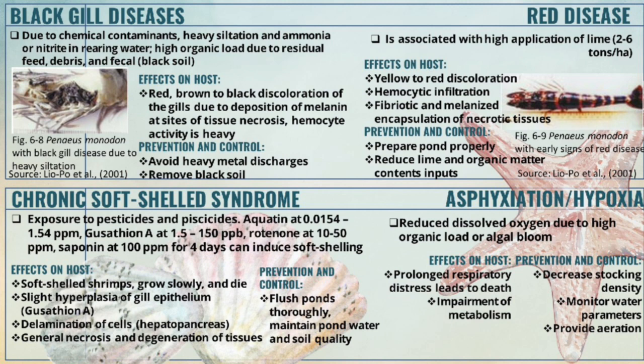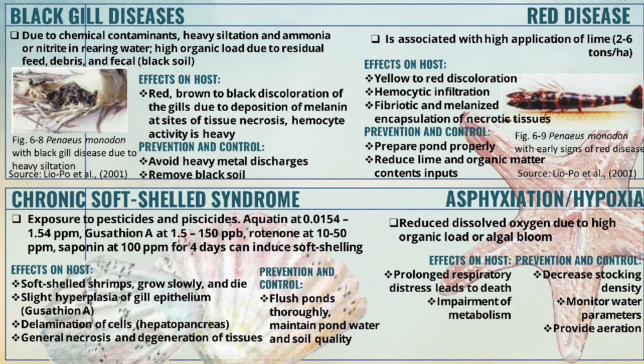Also, there is yellow to red discoloration in affected shrimps. So for the prevention and control, we need to prepare the pond bottom properly and to reduce the lime and organic matter content inputs.